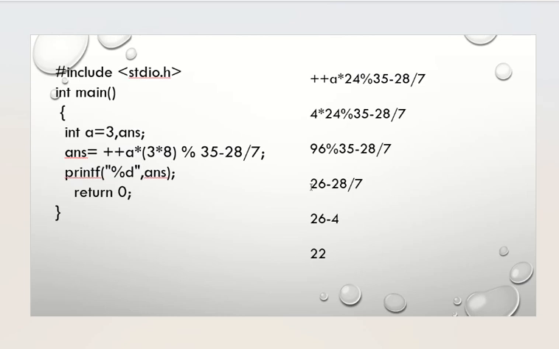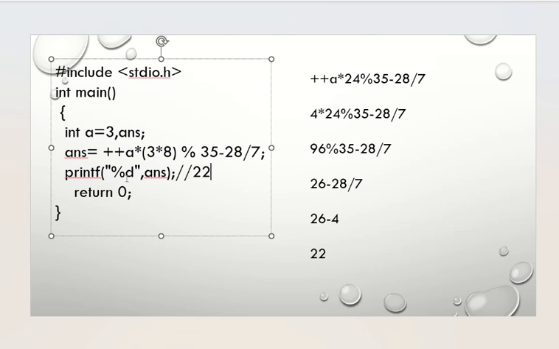Next, minus or division operator, which has the highest precedence? We know that division has higher precedence when compared to the subtraction operator. So 28 divided by 7, we get 4. So 26 minus 4. The final output is 22. So we get the answer as 22. Is it clear?